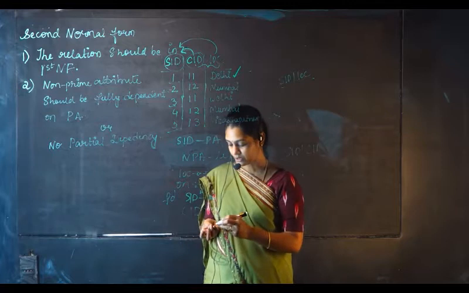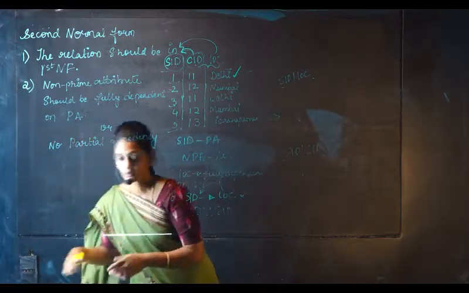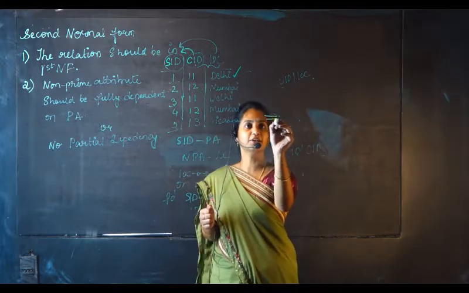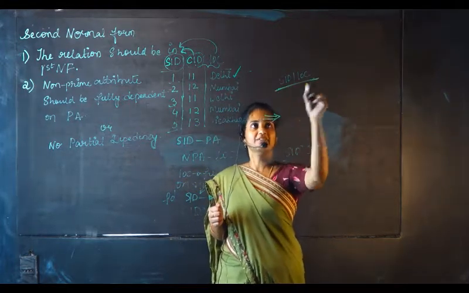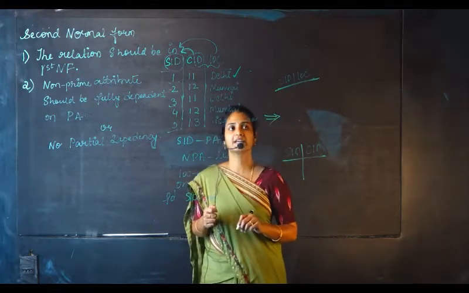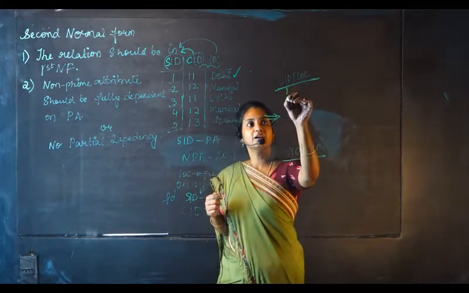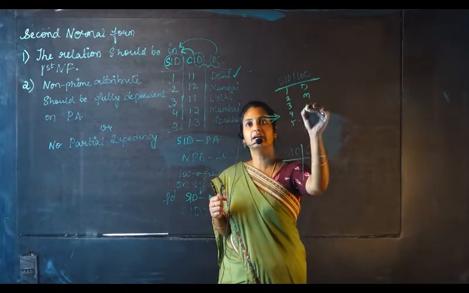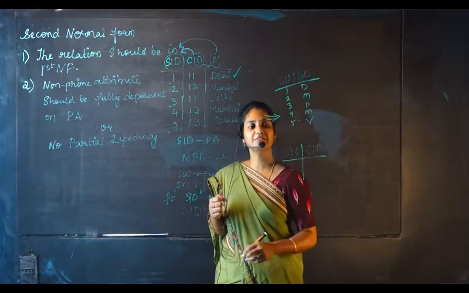So I can divide this table in this way: student ID and location, and student ID and course ID. So 1, 2, 3, 4, 5, and I'll write Delhi, Mumbai, and Vishakhapatnam.